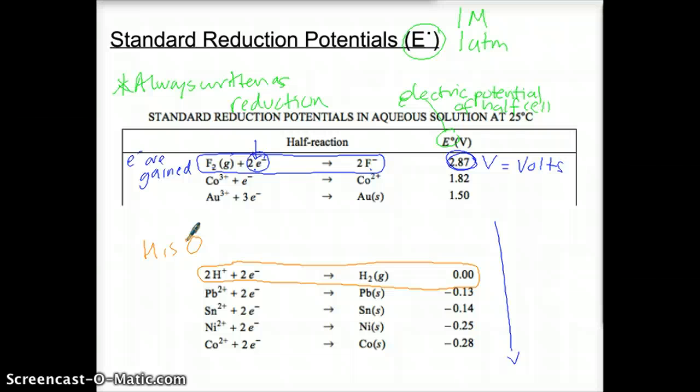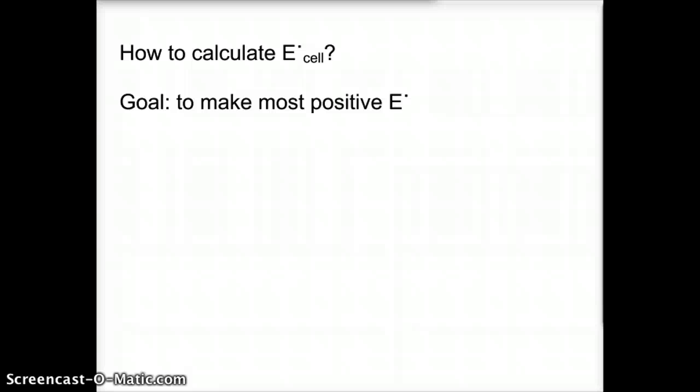Okay. How do we use this information if we want to construct a battery? Well, how do we calculate the standard reduction potential of a cell? The goal is to make the most positive E0. Okay? So the equation that you need to know, the potential of a cell depends on the 2 half reactions.